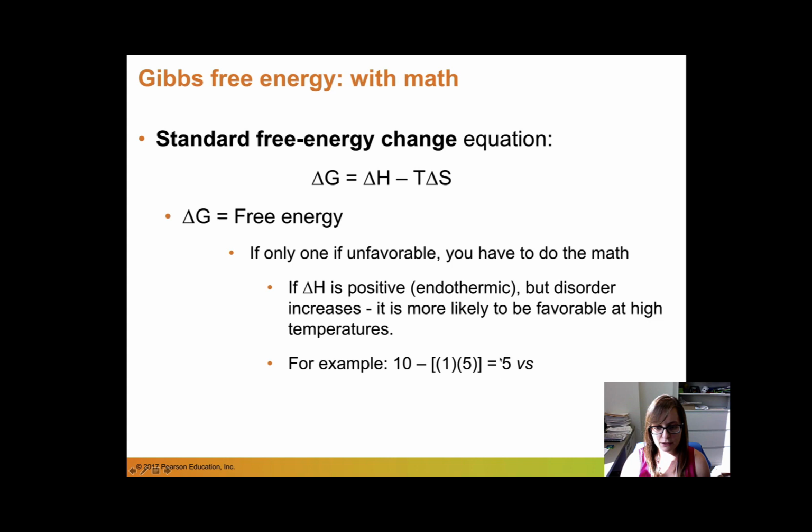That means that at the temperature of 1 degree Kelvin, this delta G is positive, so you have to input energy in, it's endergonic. But if you increase this temperature to 5 degrees Kelvin, then the math ends up being 10 minus 25, which equals negative 15, and now our delta G is negative.